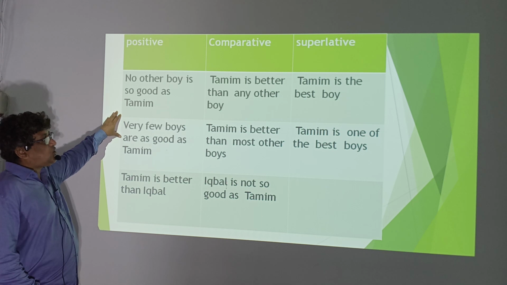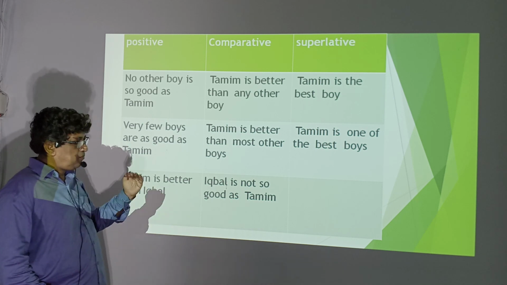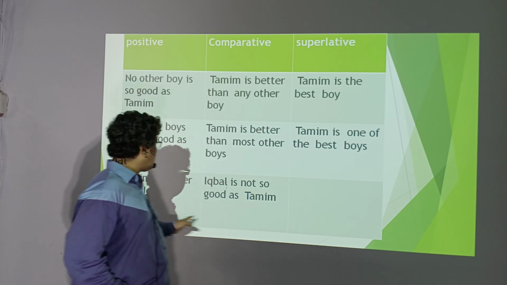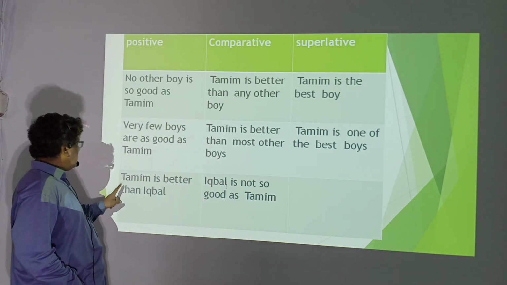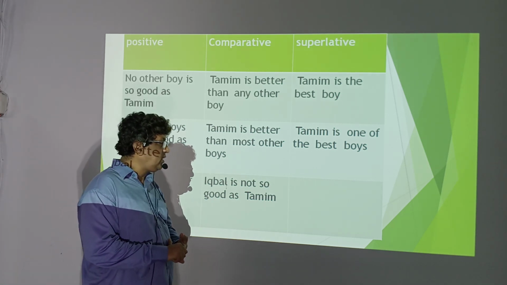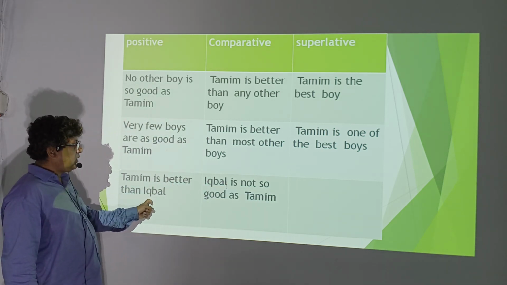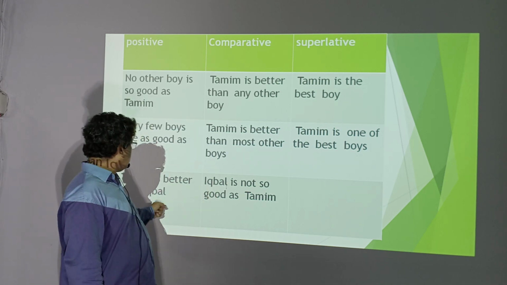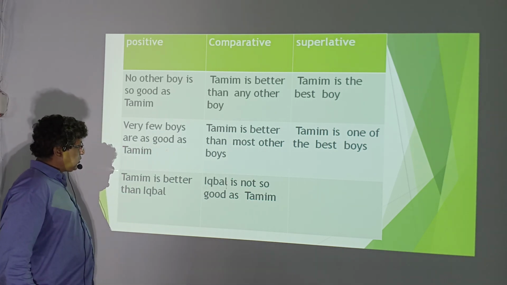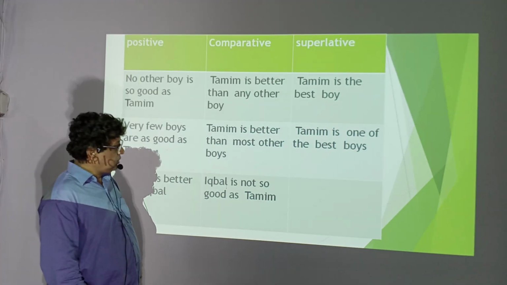Apart from these two major classifications, we have another form which has no superlative degree but only positive and comparative forms. "Tamim is better than Iqbal." This is only a comparison between two, so while comparing between two, we do not have a superlative form.